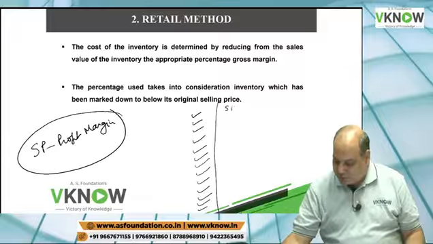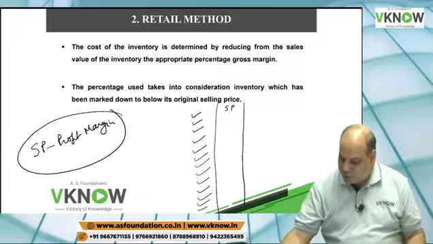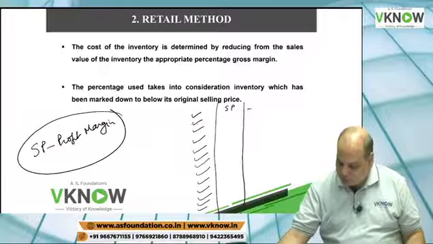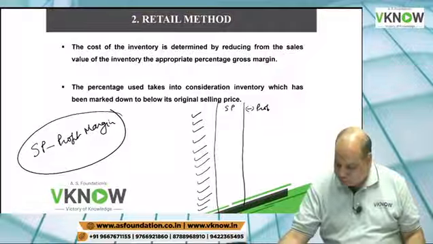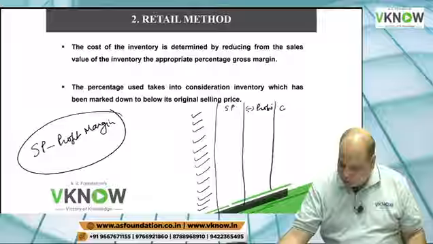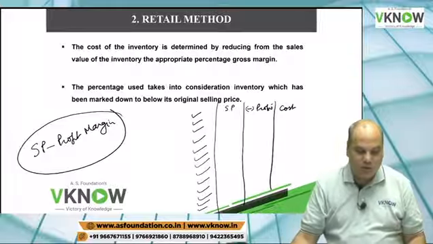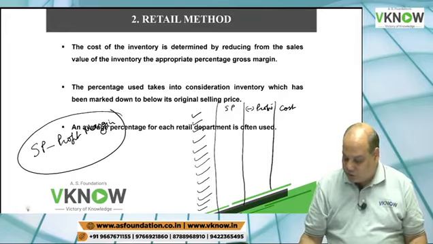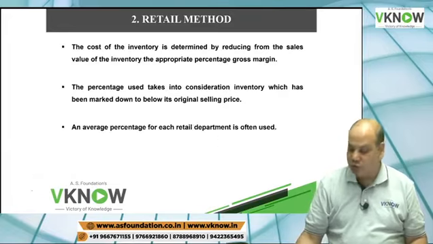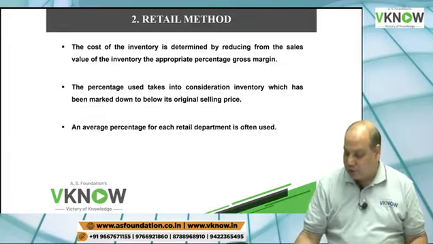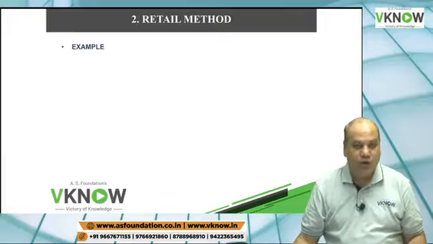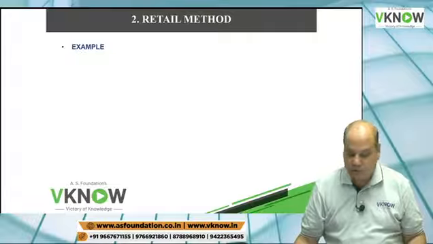We will check what their MRP or selling price is. Then we will deduct the profit margin, and then we will be able to find out the cost. So this way we can find out the cost in the retail method. If more than one profit margin is there, then you can use multiple profit margins.